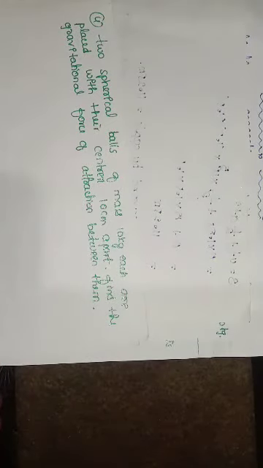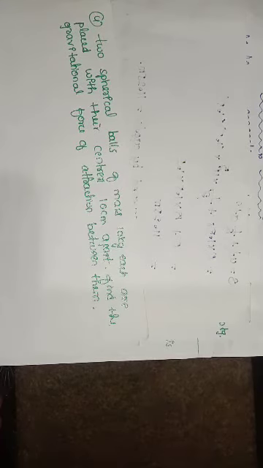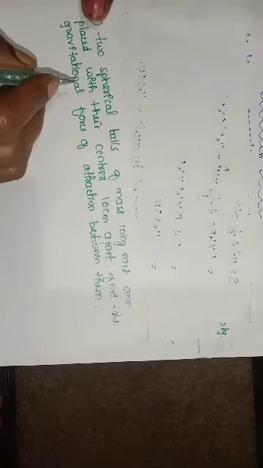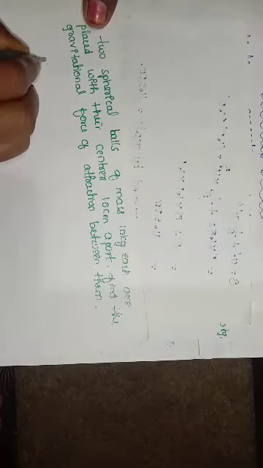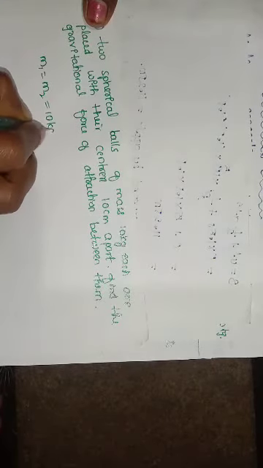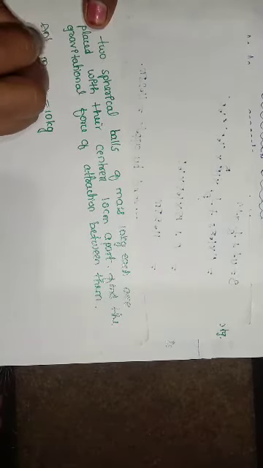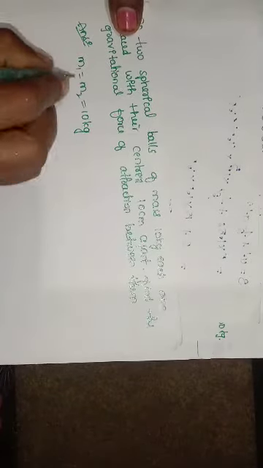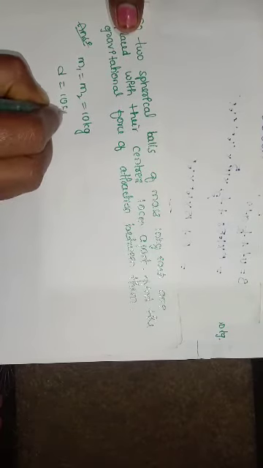So here force of attraction, we derived the equation by the universal law of gravitation, right? Yes or no? So what are the given values here? Masses, two objects masses, that is m1 and m2 is equal to 10 kg, and distance is equal to 10 centimeters.